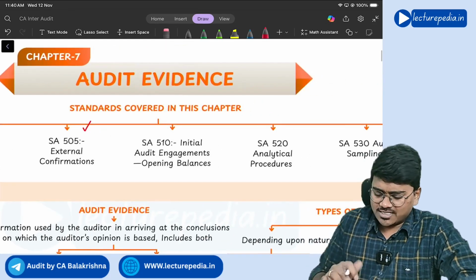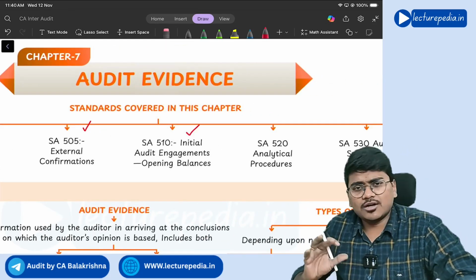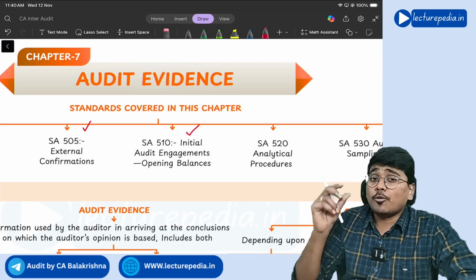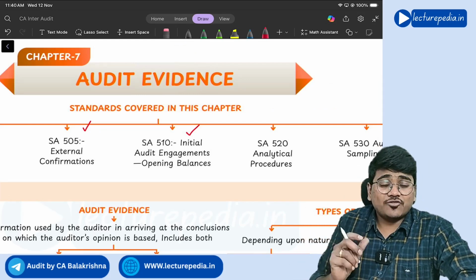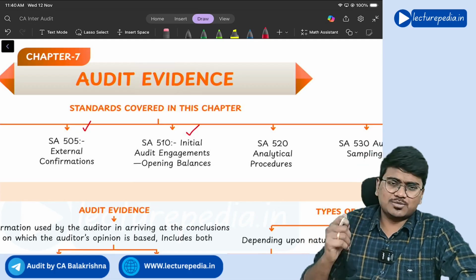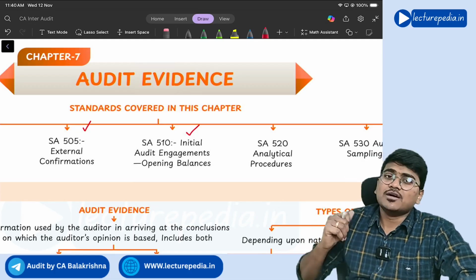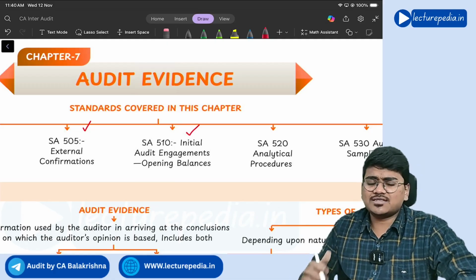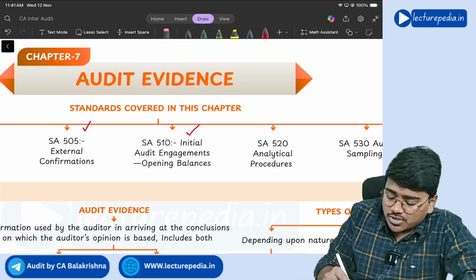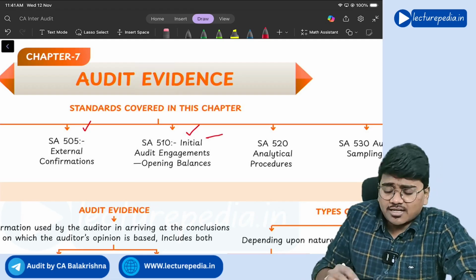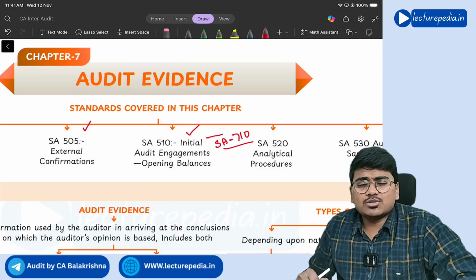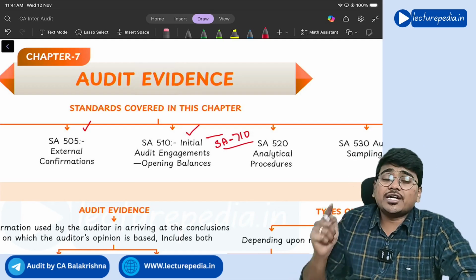Next you have SA 510, which is verifying or obtaining audit evidence about opening balances in case of initial audit engagement. So what is meant by initial audit engagement? Is the auditor having any responsibility with respect to opening balances? These things we will be seeing. So if you see SA 510, it will be somewhat similar to SA 710. So in SA 710, we have seen about comparative information.